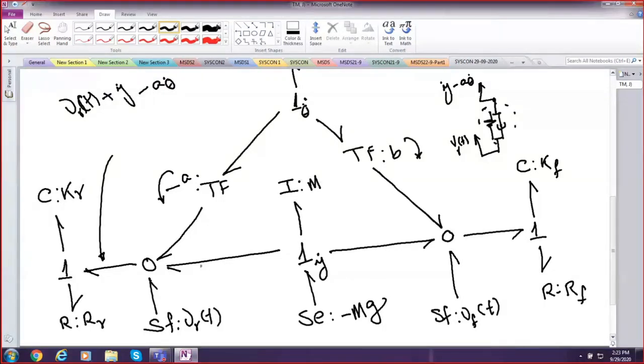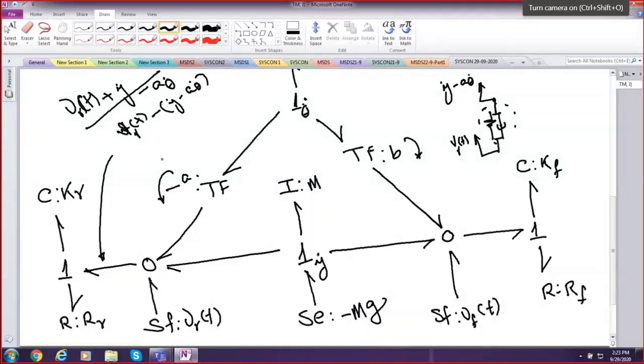So in our case, I will simply change this power direction. So that I get here, instead of this, I get VRT minus Y dot minus A theta dot. That's what I require. Right? So I will simply change these power directions.